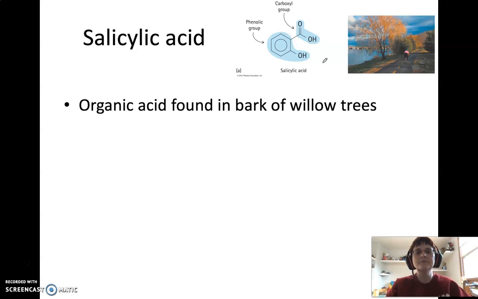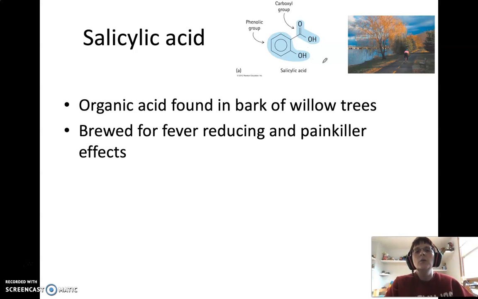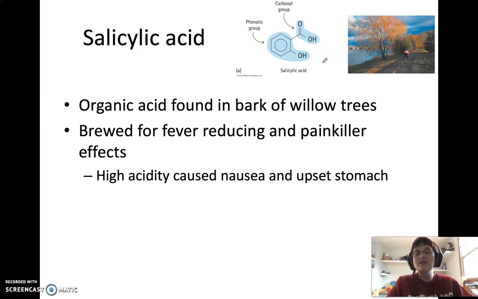So what people used to do is they used to take the bark from these willow trees and brew that bark in hot water and drink it, and it would reduce fevers and work as a painkiller. There are some people who still use it today.